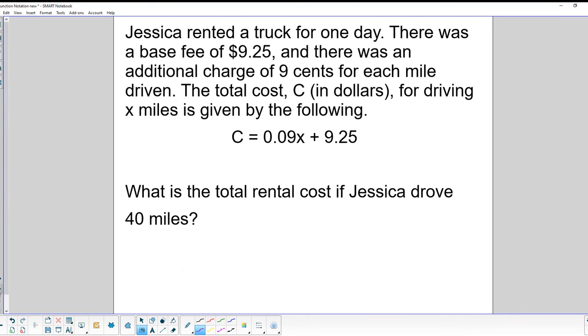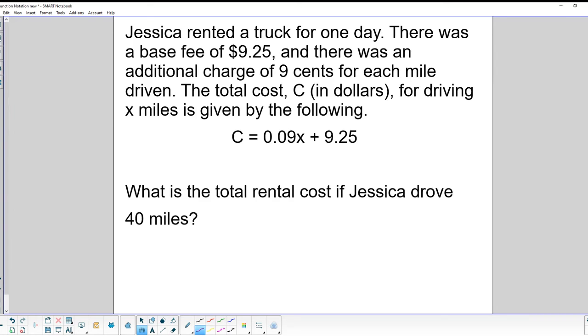All right, how about another one? Jessica rented a truck for one day. There was a base fee of $9.25, and there was an additional charge of 9 cents for each mile driven. The total cost, C in dollars, for driving X miles is given by the following function. All right, so what is the total rental cost if Jessica drove 40 miles?